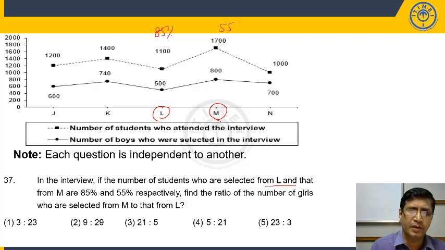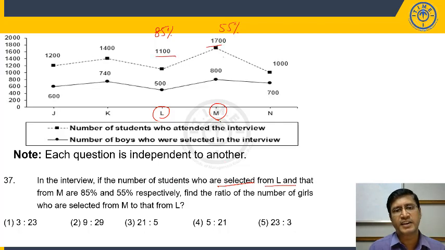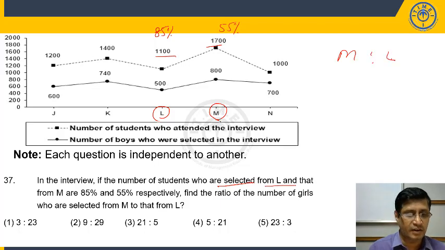Attended is 1100 and 1700, selected 85% and 55%. Then what is it saying? Find the ratio of the number of girls who are selected from M to L. So for M to L, we need to find the selected girls.